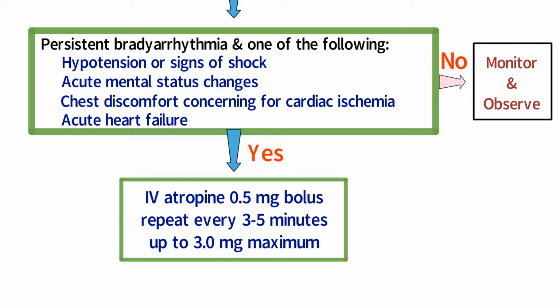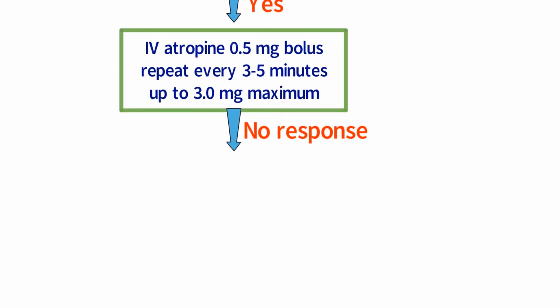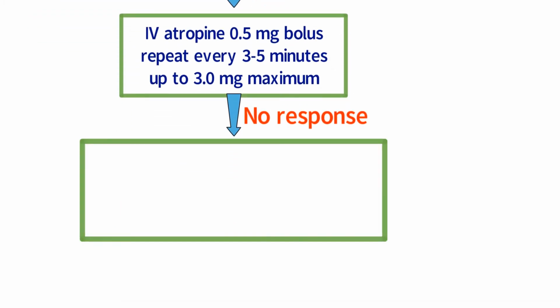And if the patient doesn't respond, you will give him another IV atropine 0.5 milligram, and you will do that every 3 to 5 minutes until you reach 3 milligrams. Now, if you did that and the patient didn't respond, you have three options.